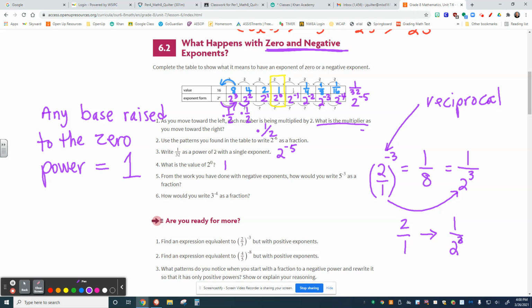You might be asking, why didn't I put a third power on the 1? Well, because 1 to the third power is just simply equal to 1. And so if we were to simplify this all the way out, we could put 1/8, or we could just leave it as 1 divided by 2 to the third.